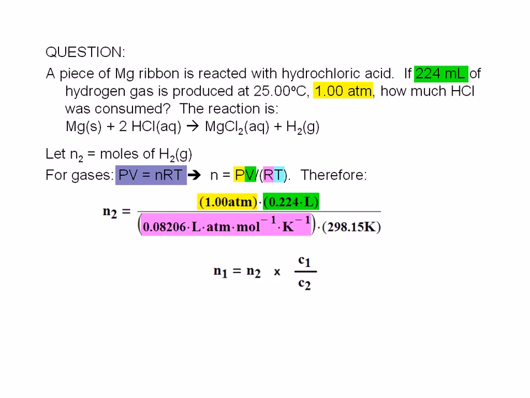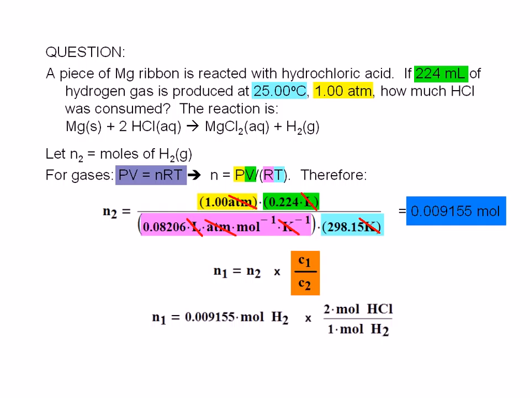Finally, the temperature is given as 25.00 degrees Celsius, but we must convert to Kelvin. 25.00 degrees Celsius is equivalent to 298.15 Kelvin. Carrying out the indicated calculation gives us 0.009155 moles of hydrogen.